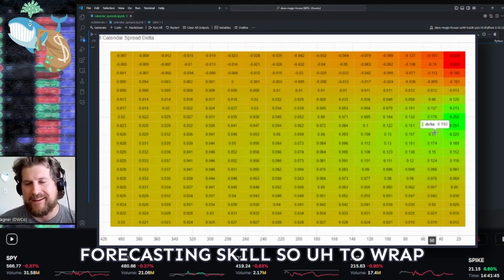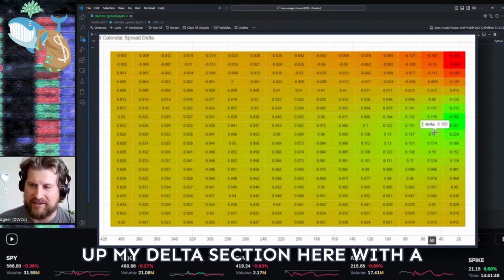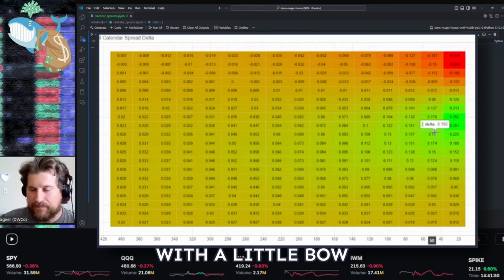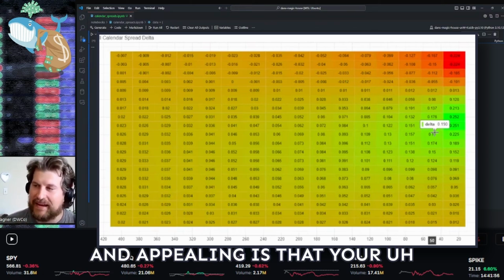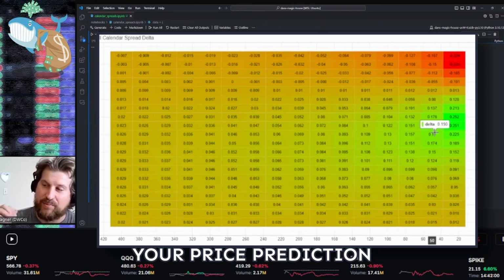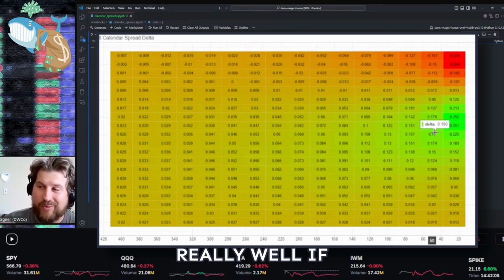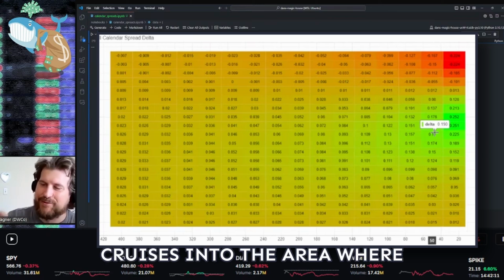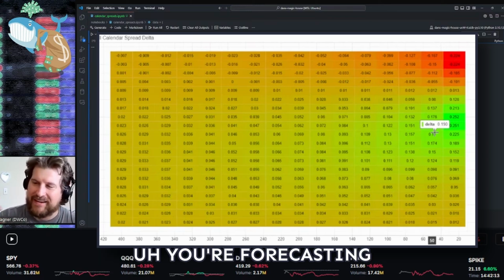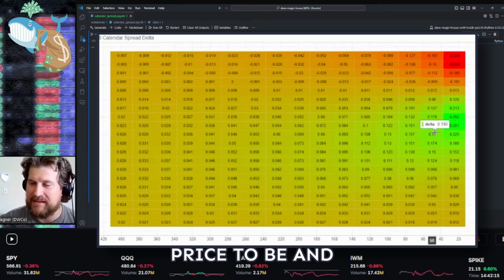So to wrap up my delta section with a little bow, what makes calendars unique and appealing is that your price prediction will pay off really well if the underlying cruises into the area where you're forecasting price to be.